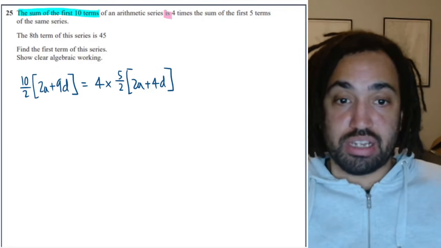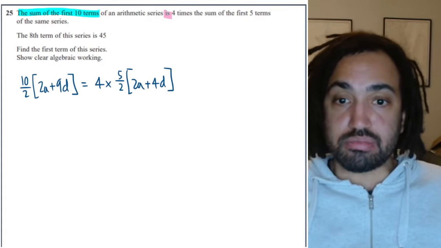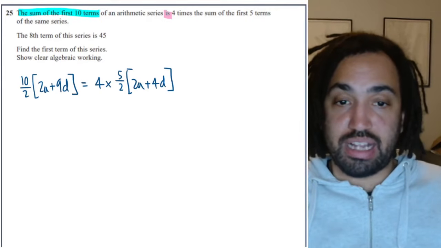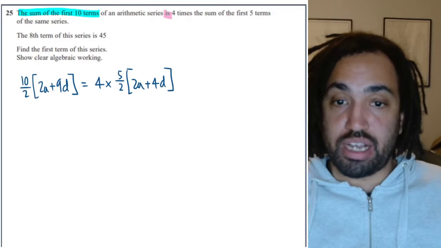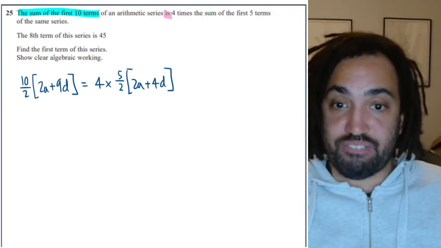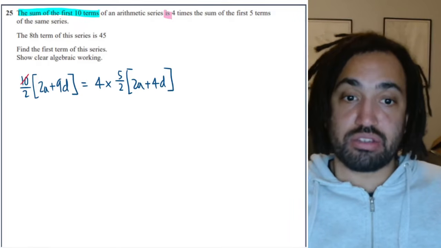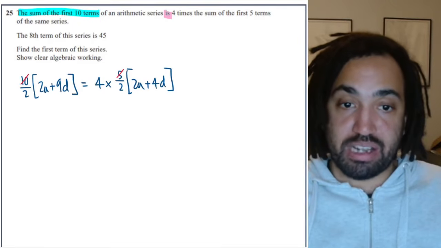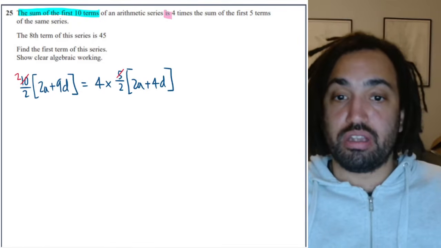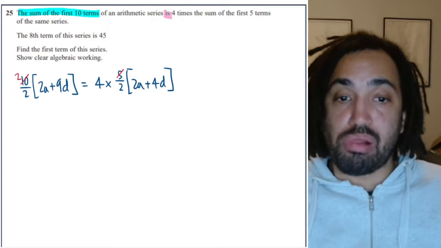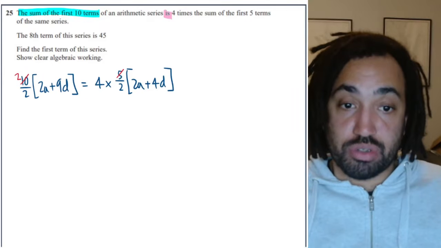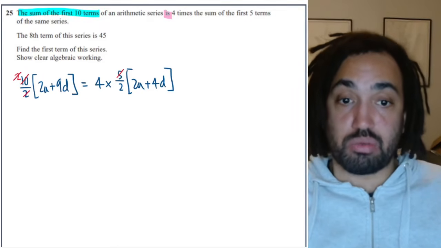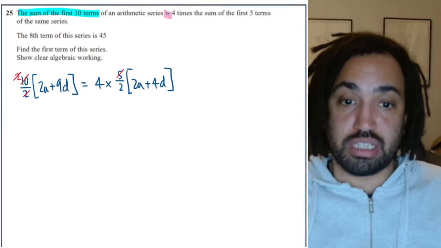Okay, right, let's do some simplifying. We can divide both sides by 5. So that cancels out this factor here and turns this into a 2. 2 divided by 2 is just 1, so that cancels out nicely.